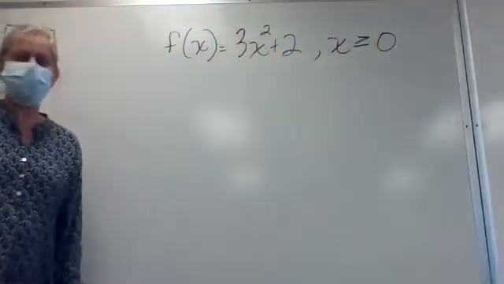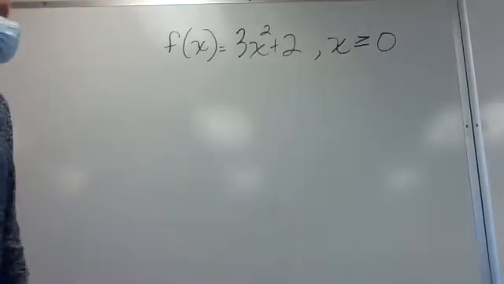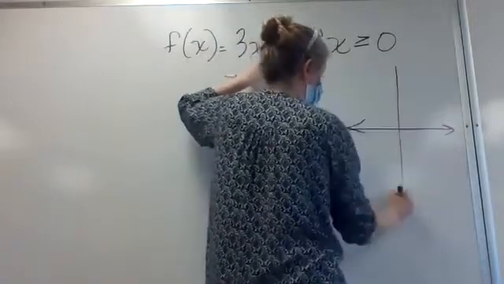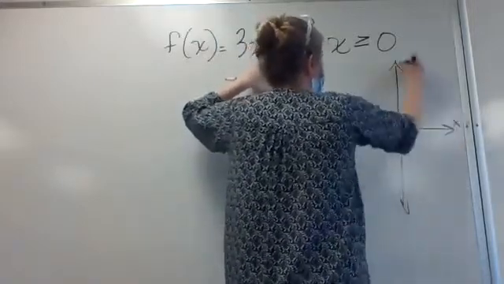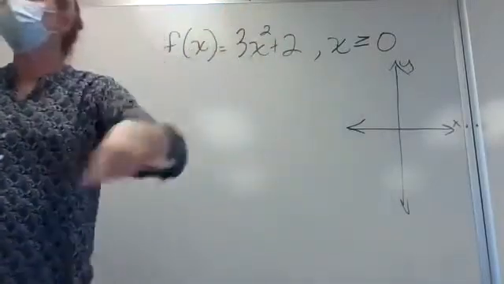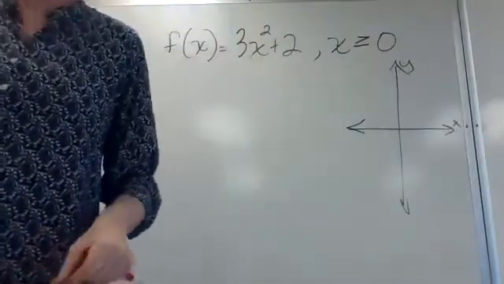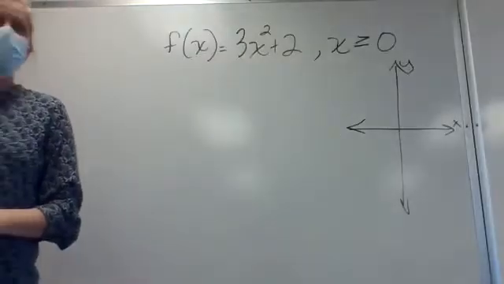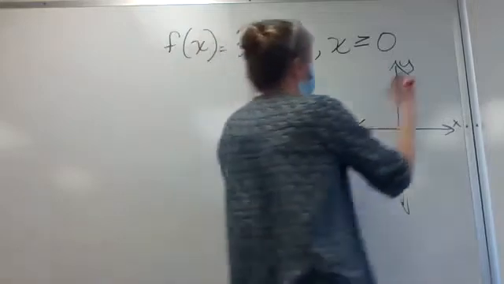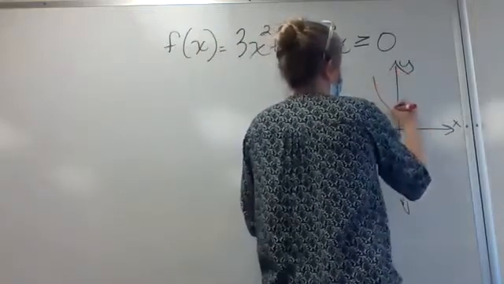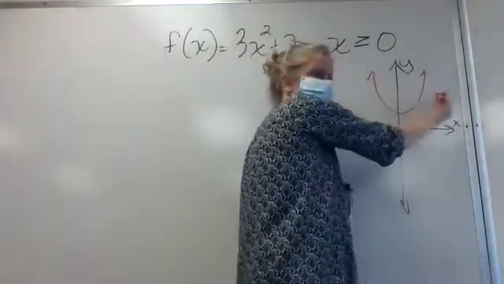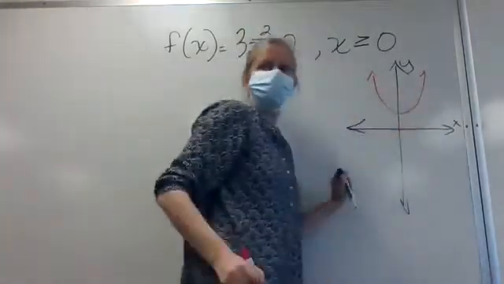The reason it has this is because if I graph this, what shape is this going to make since it's squared? The U, a parabola, right? Well, a parabola, as it's written, is not one-to-one, right? If you put it on the graph, it would look something like this, which obviously doesn't pass the horizontal line test, right? It would touch it twice.